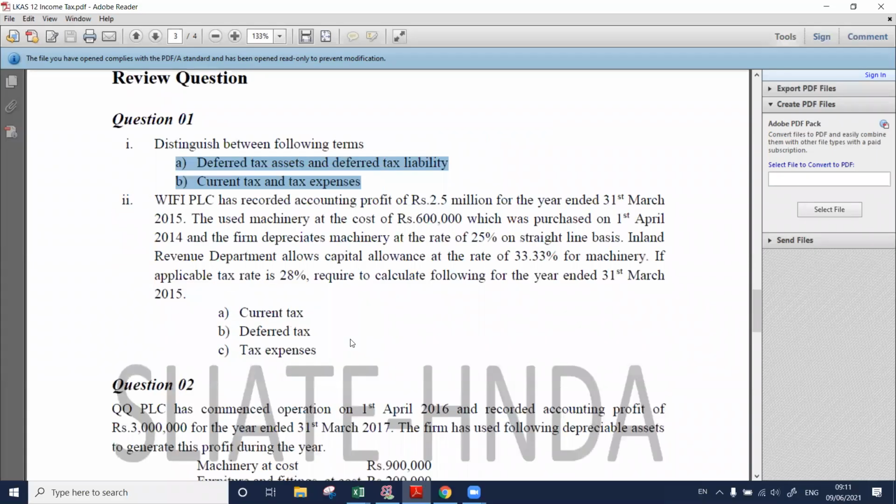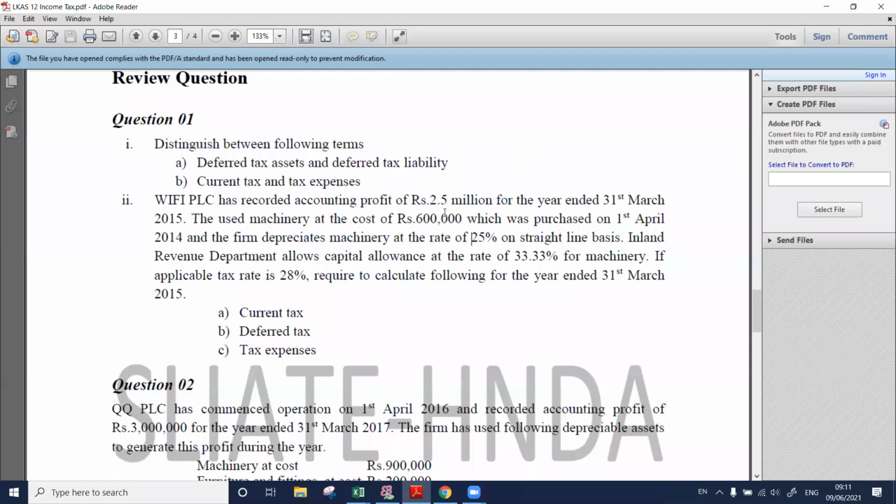And there is a sum in part 2. Let's try that. Read it out first. Wi-Fi PLC has recorded accounting profit of 2.5 million for the year ended 31st March 2015. The used machinery at the cost of 600,000, which was purchased on 1st April 2014, and the firm depreciates machinery at the rate of 25%.